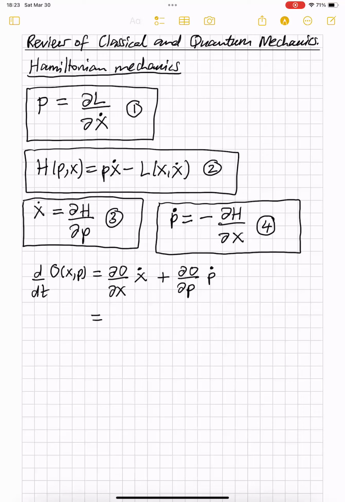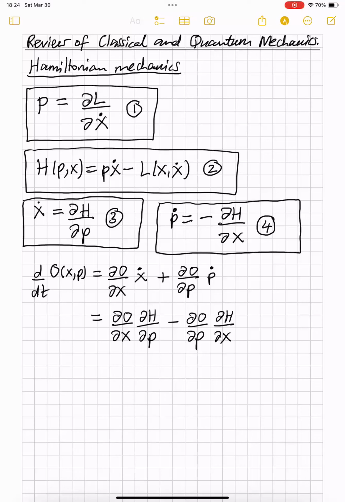And now I'm going to use Hamilton's equations to rewrite this as dO/dx, and then x dot is dH/dP, and then we will have minus dO/dP, and the minus sign comes about because P dot is minus dH/dx.